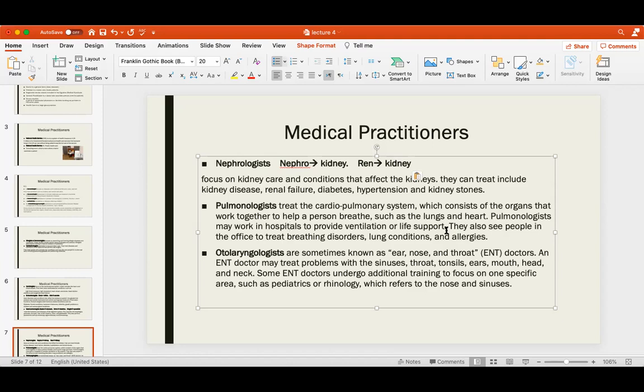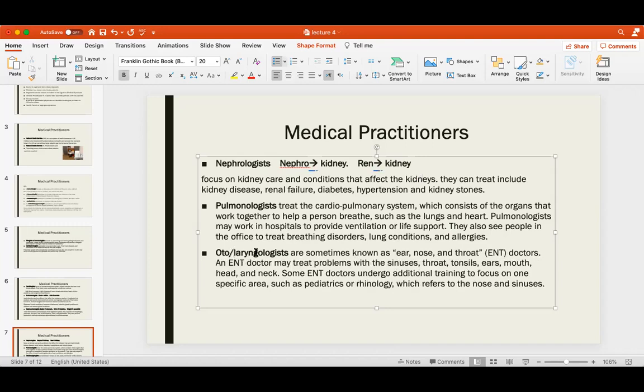The next one is otolaryngologist. How to read this long word? We divide it into syllables, parts. We say otolaryngologist. Otolaryngologists are sometimes known as ear, nose, and throat doctors, which is abbreviated as the initials of this word, E-N-T doctors.